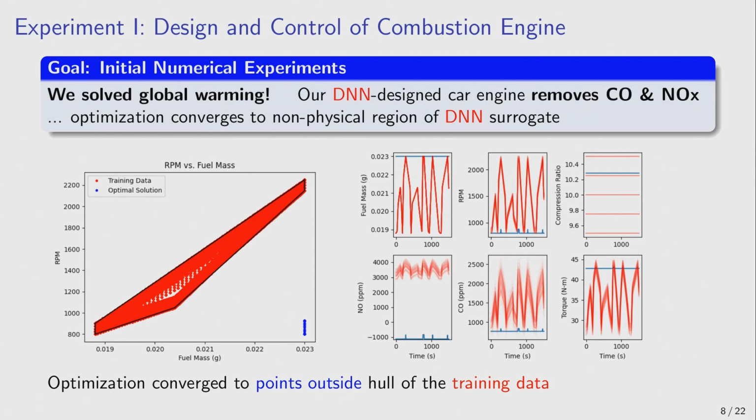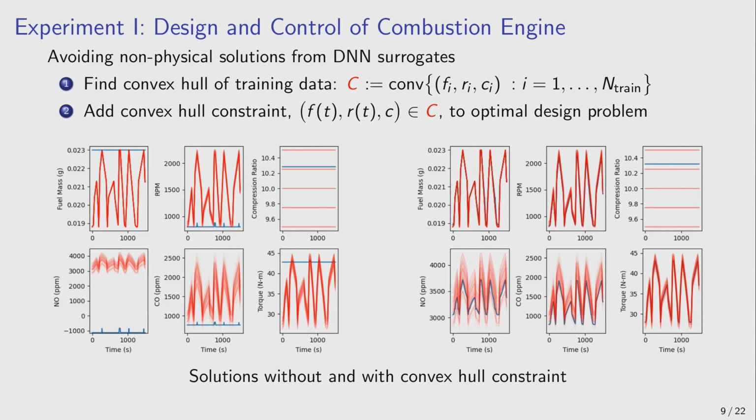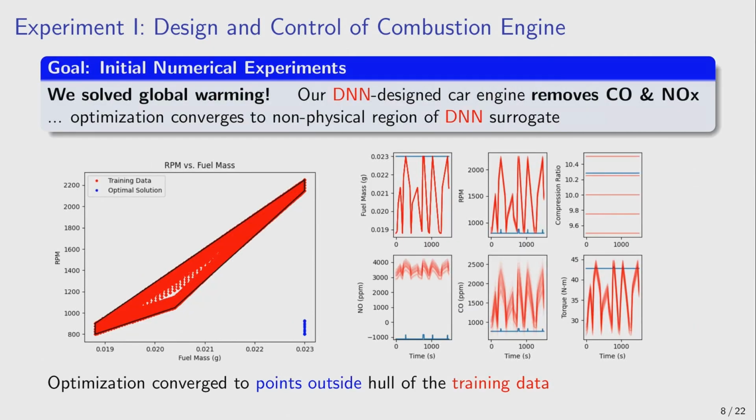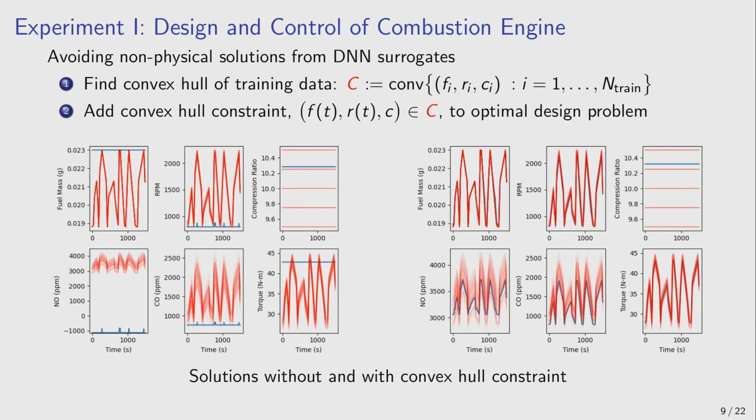Okay, but we can fix this problem by simply finding the convex hull of the training data. If you look back at this picture, it's not hard to find the convex hull of the red points, and then we would simply restrict ourselves to lie inside the convex hull of the training data.